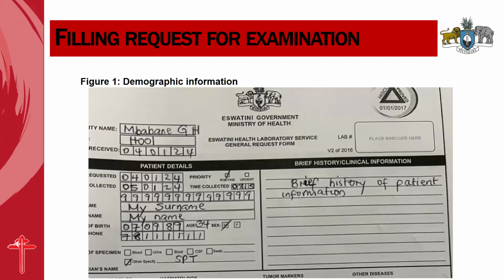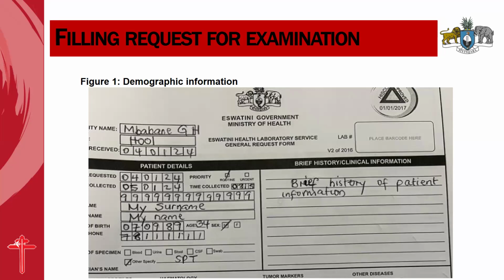Now we move to the filling of the request form. You can see an example of the request form here. We are familiar with it, but just to emphasize some areas: the ID, the surname, the date of birth, the age, the sex, the cell number, then the specimen. We don't have sputum there. You can see we have blood, urine, stool, CSF, swab.